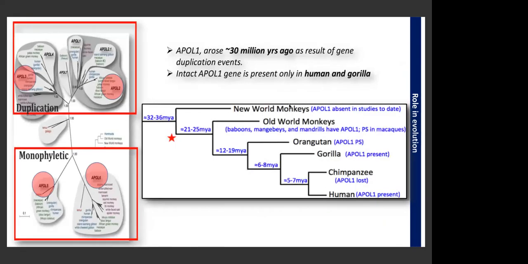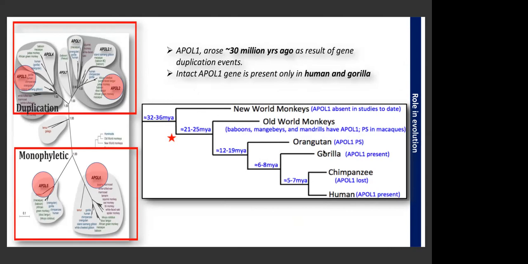Around 30 million years ago, before the duplication, there were only four APOL members: APOL2, 3, 4, 5, and 6. But around 30 million years ago, duplication occurred in APOL1, 2, and 3, and this resulted in the generation of the APOL1 gene.